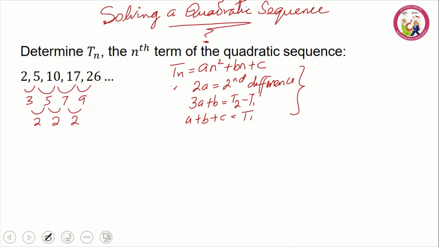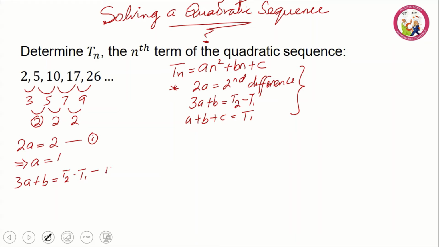Start with the first equation: 2a equal to the second difference, which is 2. 2a equal to 2 implies that the value of a is equal to 1 when you divide both sides by 2. Also, we move on to the second equation, which is 3a plus b equal to t2 minus t1.